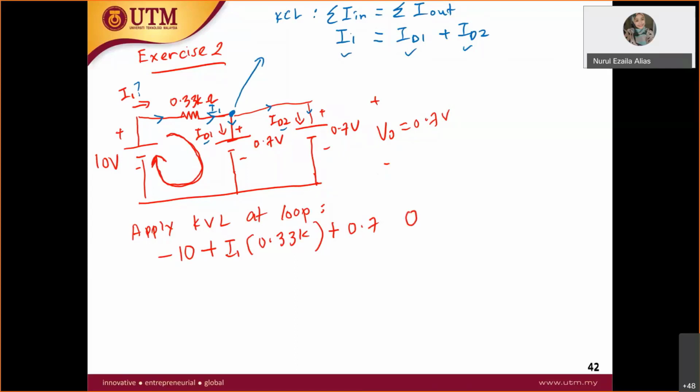Remember, since it is parallel, the voltage drop across this node is only 0.7. Therefore, only one voltage is involved here, 0.7.